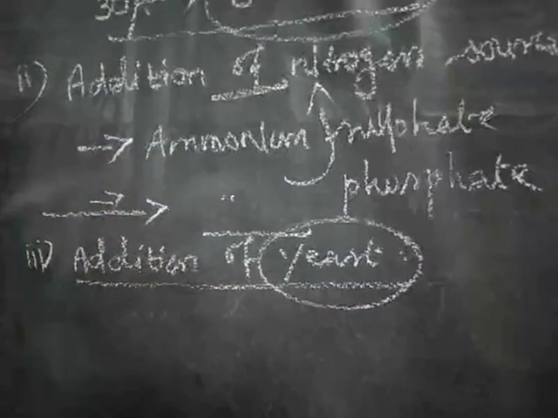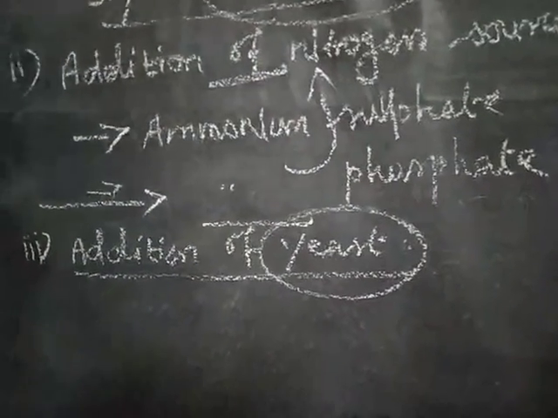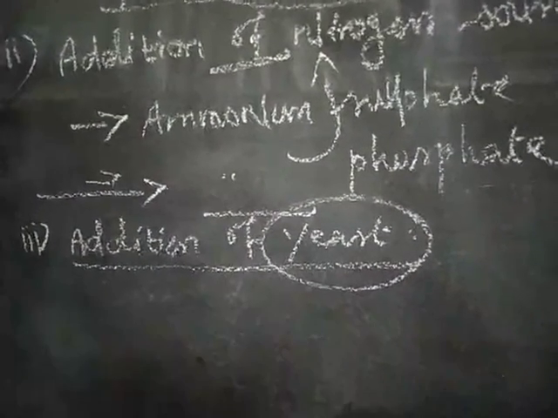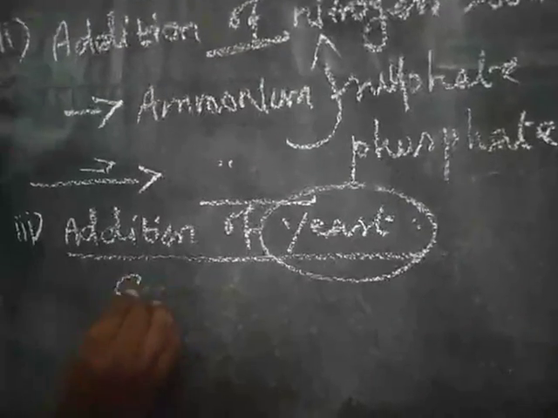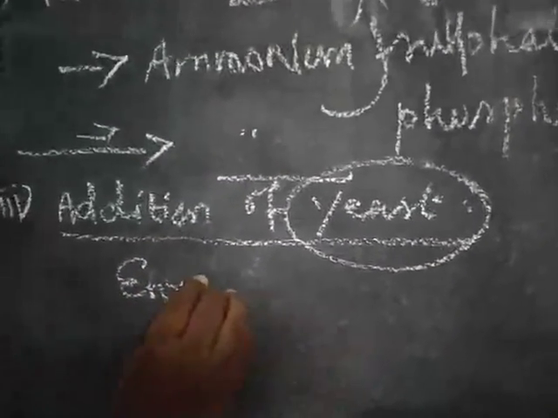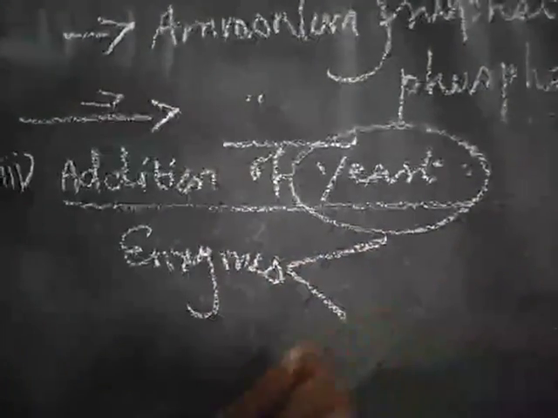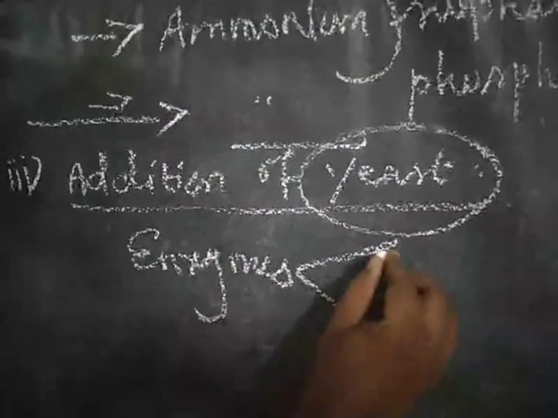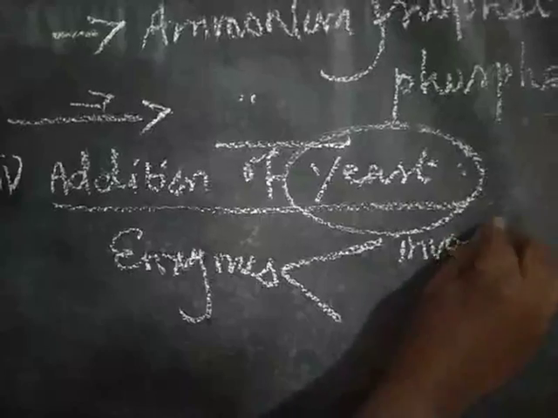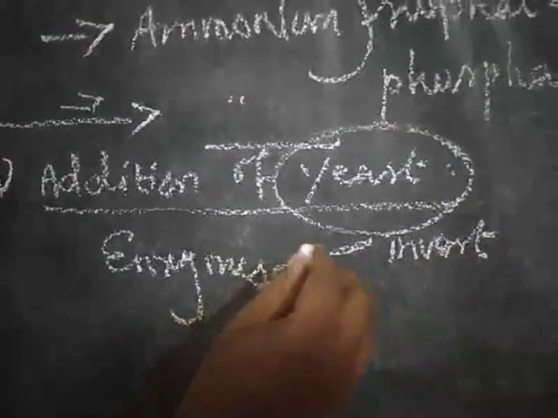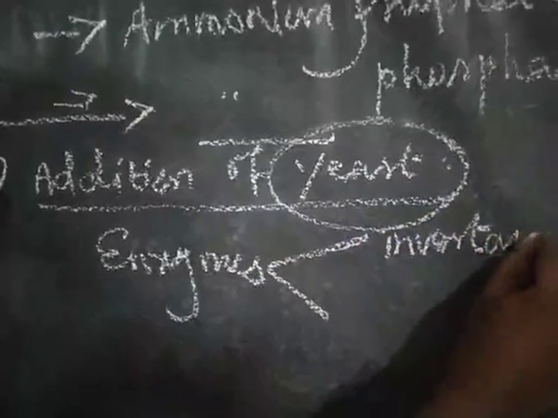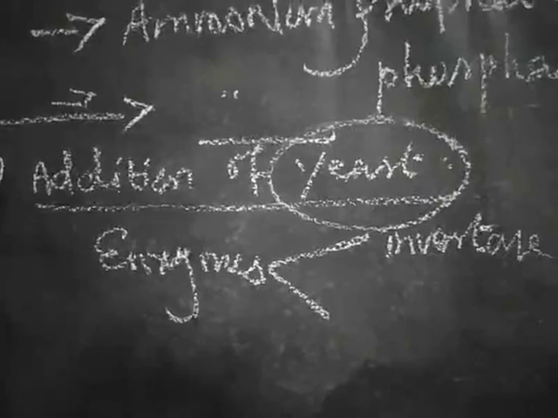The yeast contains two types of enzymes. What are the enzymes? Two types of enzymes, namely what? Invertase and another one, zymase.